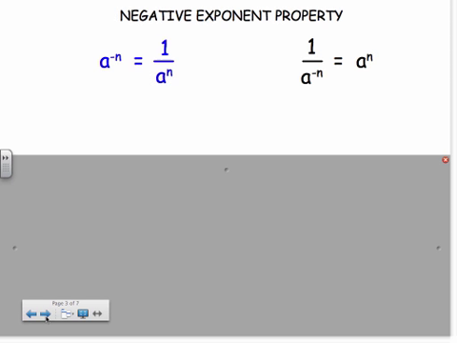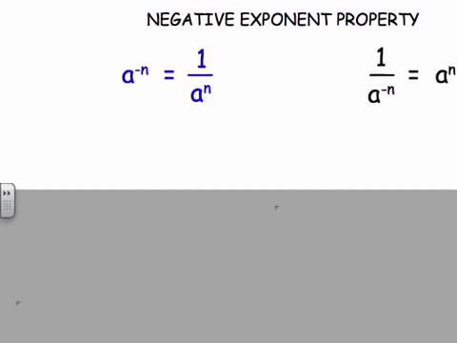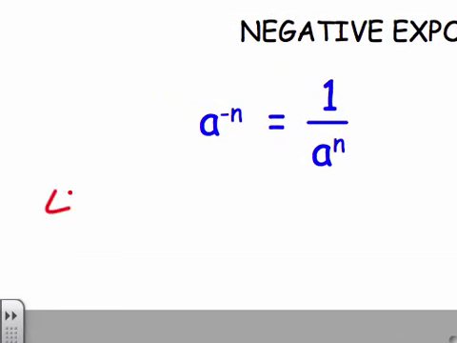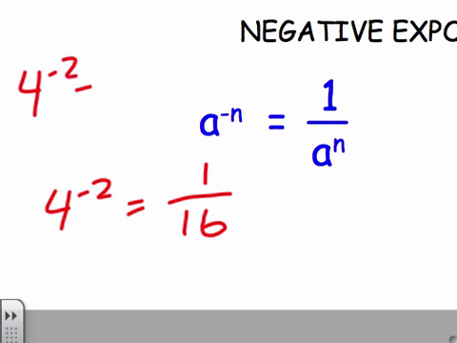The negative exponent gets a little more confusing, but not too bad. If you noticed back in our first slide, we had 4 to the negative 2 power, which we said was 1/16. Well, 16 is really 4 to the second, isn't it? So what I did was put 4 to the negative 2 down below, changed its negative to a positive, and kept a 1 up top. That's where our rule comes into play.